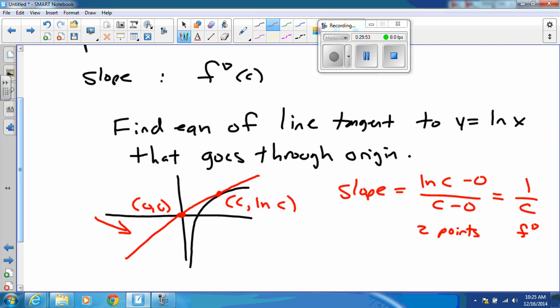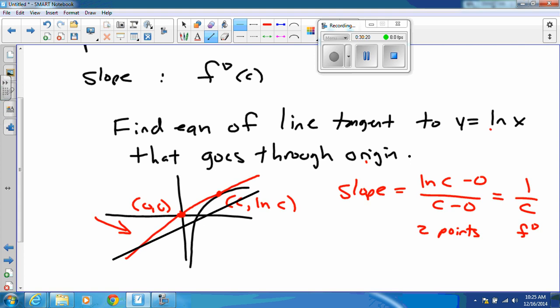Lost on what? When I was drawing the graph? You're good with the graph? Can you explain that again? Yeah. Natural log, do you know the shape of natural log? And this is it. Then I want a line that is tangent to this curve that goes through the origin. So I start at the origin and I just eyeball a line that is tangent to the curve.